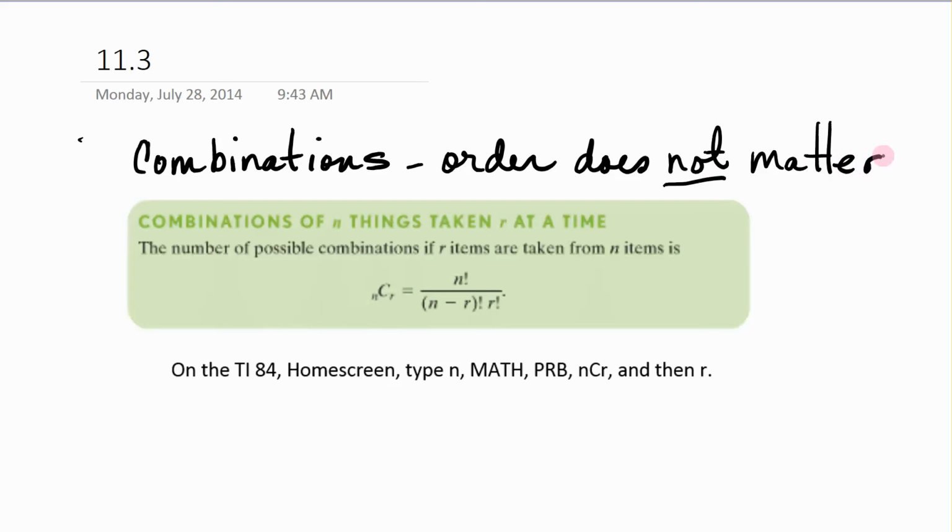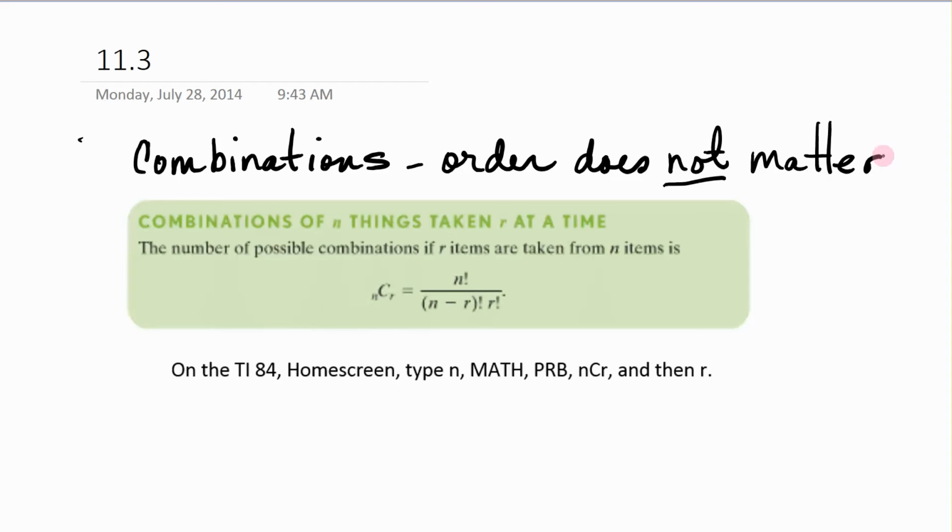Now, let me see if this makes sense. Suppose that you had 5 people and you were going to select 3 of them to be president, vice president, and secretary. And the first person you chose would be president and the second vice president and so on. Then how many ways could you get that slate of officers? That would be a permutation because it matters whether you're chosen first, second, or third.